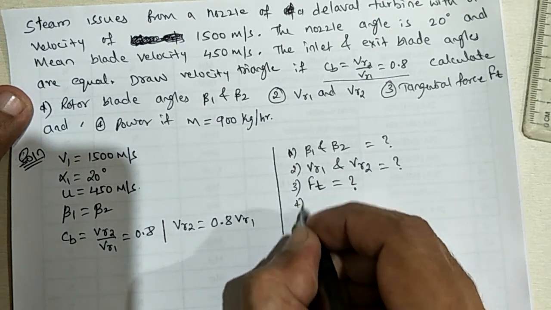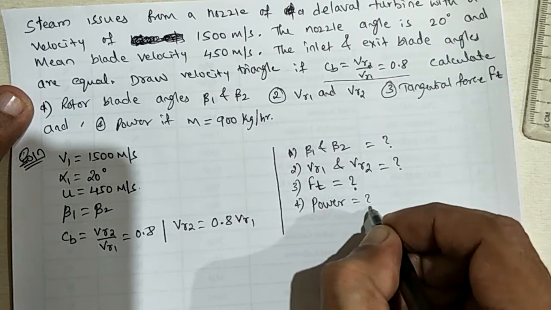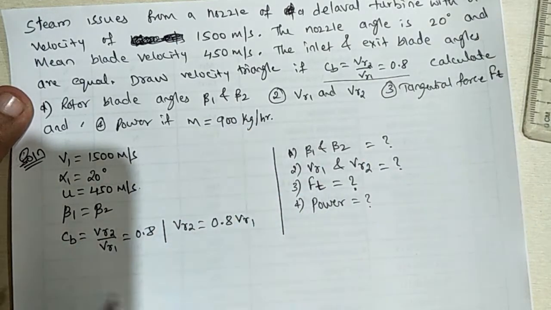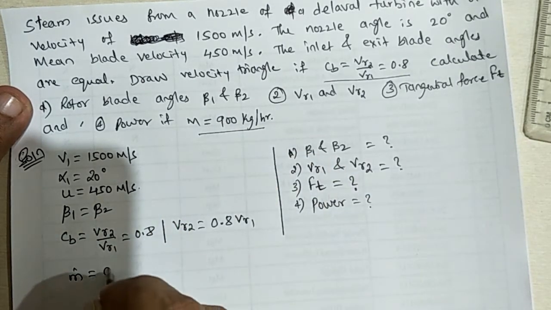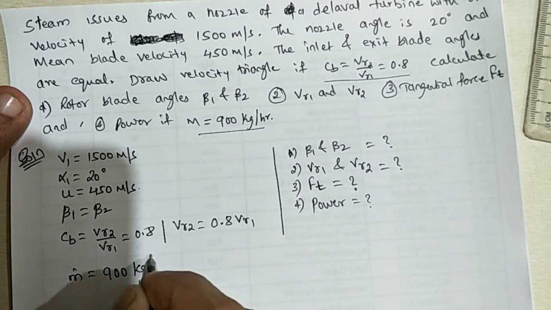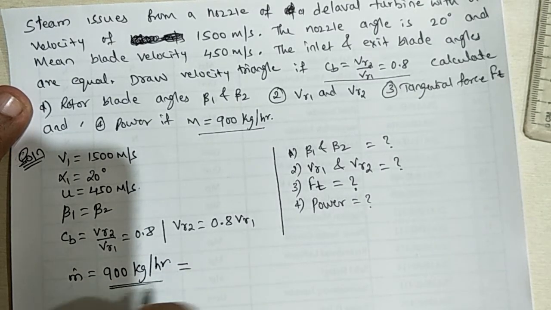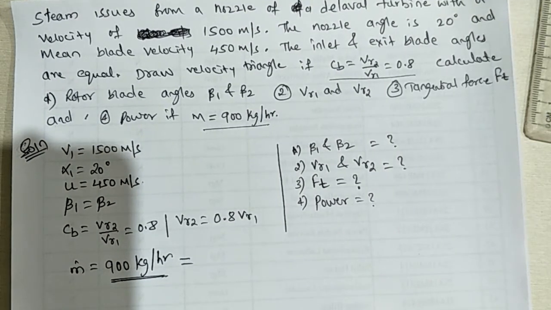Along with that, fourth one is power. Power is to be calculated if mass flow rate is 900 kg per hour. So m dot is equal to 900 kg per hour. Always remember that this mass flow rate is converted into kg per second.